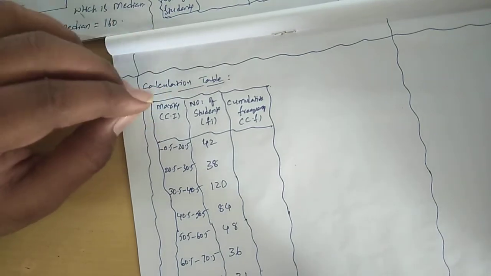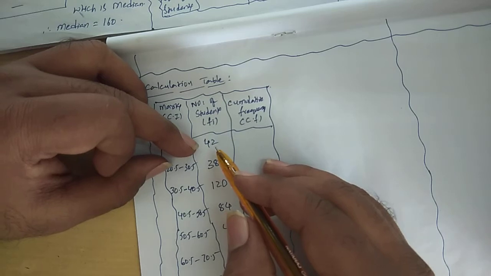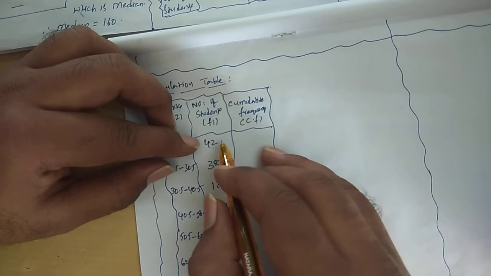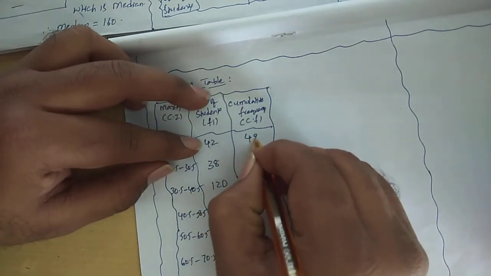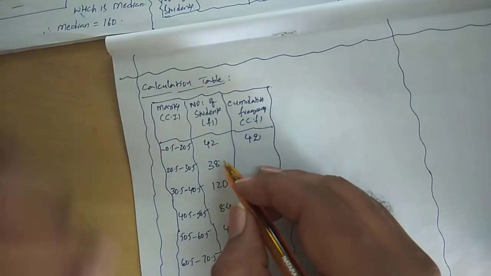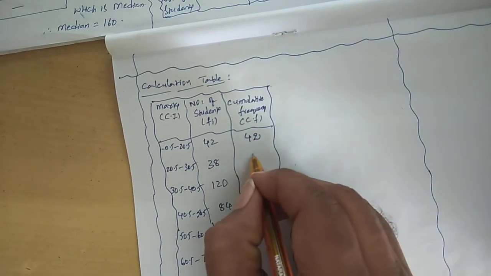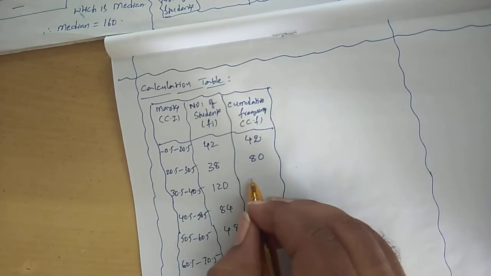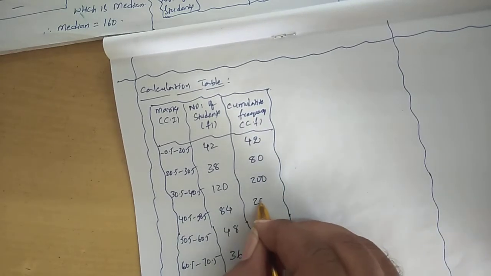Now I take the cumulative frequencies. So how much will you get here? The cumulative frequencies are by successive adding. This is going to be 42. Now 42 plus 38 is 80. Next you will get 200. Next 284.